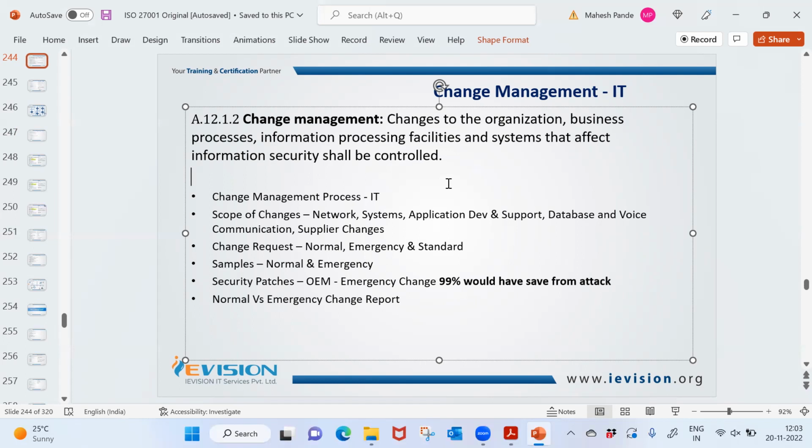Change is not discussed appropriately, no feedback is taken, an emergency change is executed, and then you have a day or 2 or 3 of downtime. Amazon, Google, a lot of blunders have happened because of change management.